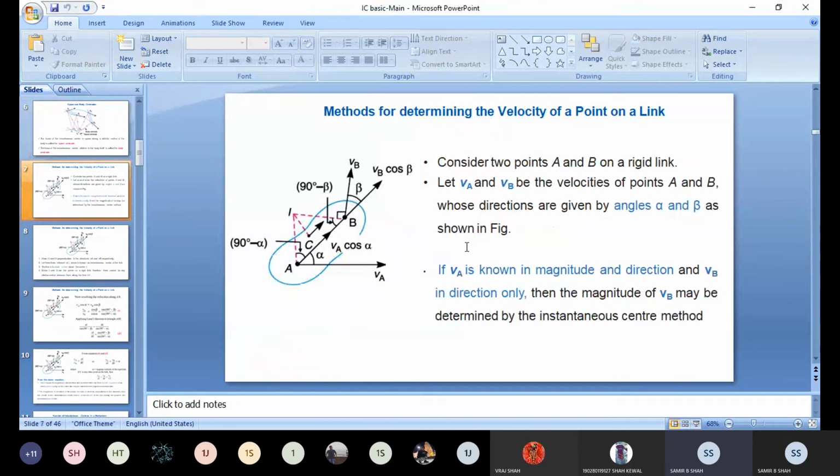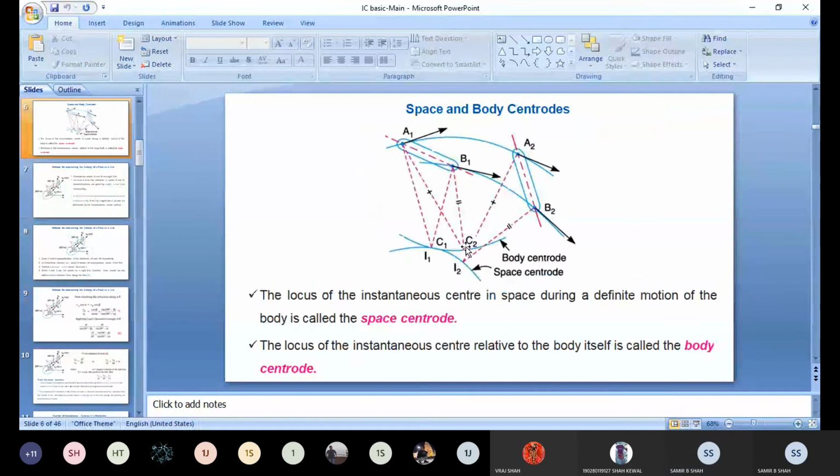Now consider a point C1 attached to the body or link A1 B1, such that C1 coincides with I1 when the body is in the position A1 B1.